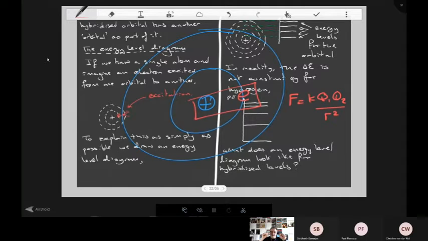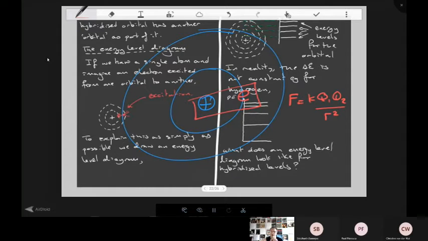Now for a certain distance there is also a potential energy. It's just like if you had a mass a certain distance from the surface of the Earth, or wherever you want your zero to be, you could say it's got gravitational potential energy. Well, a positive charge, the nucleus, and a negative charge, the electron, they're a certain distance apart, and that will mean a certain electrical potential energy.